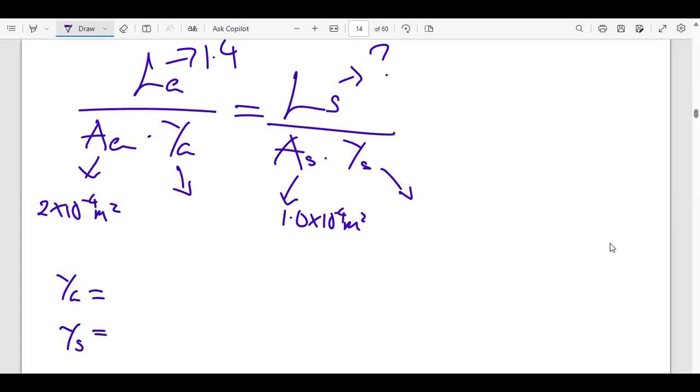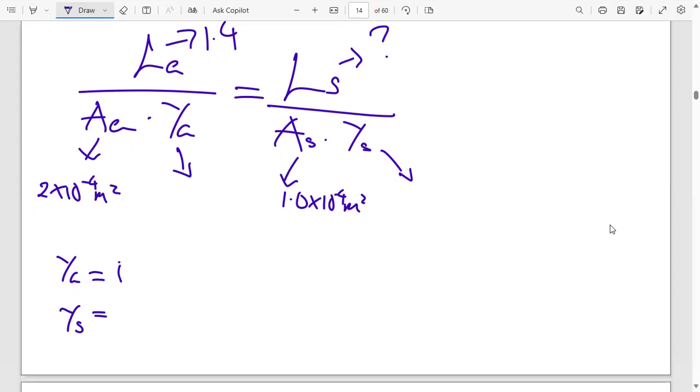So the Young's modulus for copper is 110 times 10 to the power 9 newtons per meter squared, whilst the one for steel is 200 times 10 to the power 9.